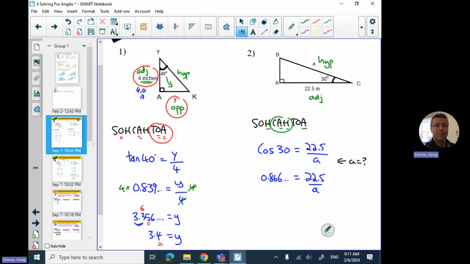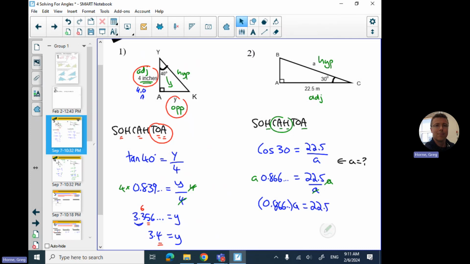And so to solve this out, I didn't show it before, maybe I'll show it this time as well. Instead of just the one method, the one method here is to multiply both sides by A. And a lot of people would write it as 0.866... whatever times A equals the 22.5 there.